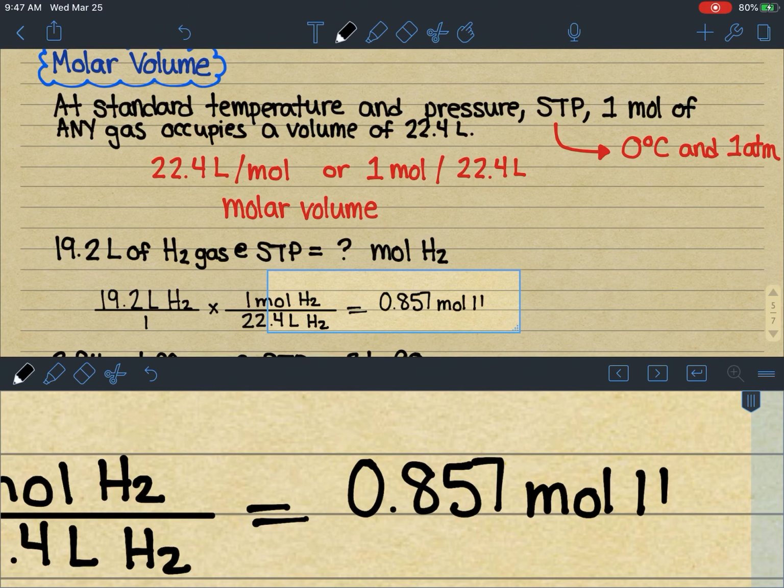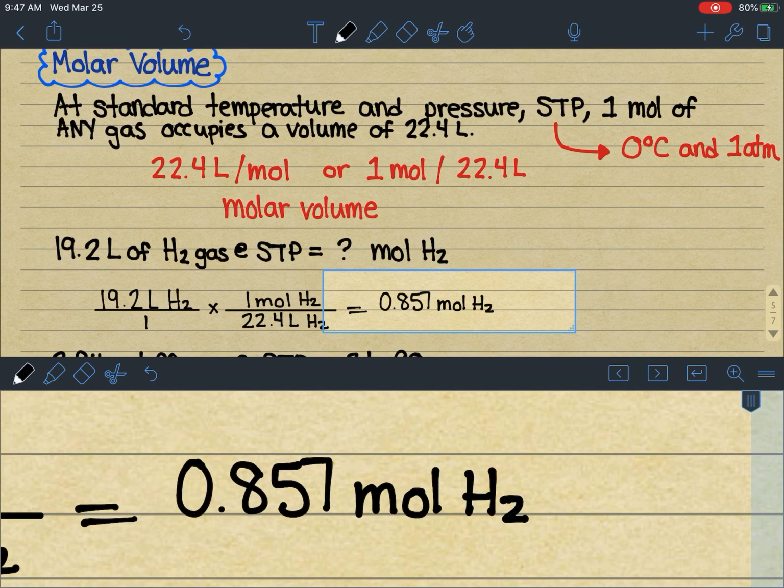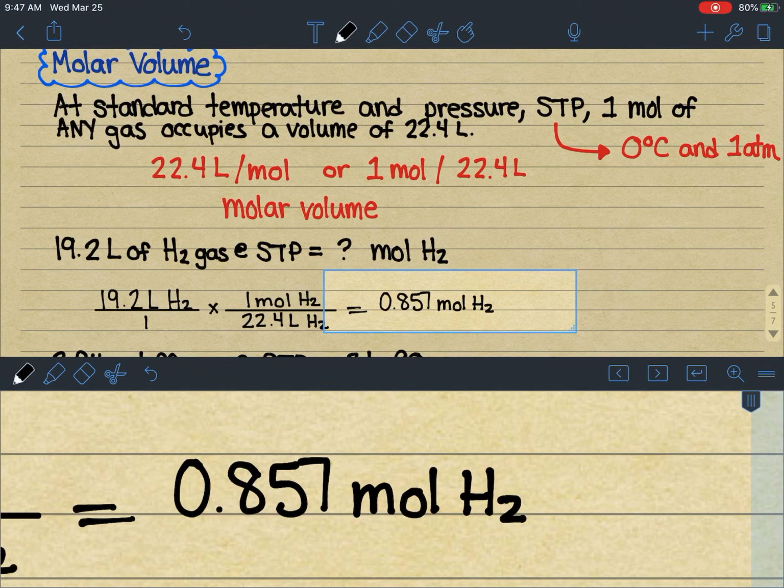Now, really the sky's the limit here, because you know that if you have moles of anything, you could figure out how many compounds there are. You could figure out how many atoms there are. You could even figure out the mass of that sample. So really, this is one additional tool that will unlock a whole other series of problems that you could solve. For example, they could give you the mass of the gas.